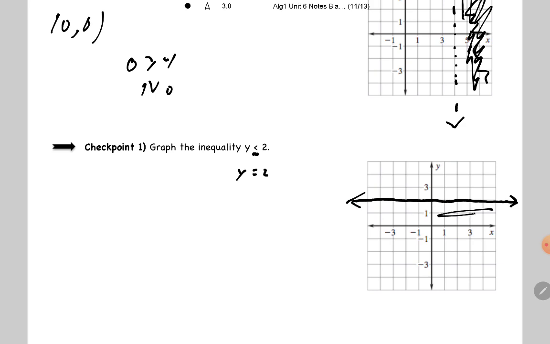And we're going to shade everything below. Once again, I changed the problem. If it was the original problem, the line would just be dashed, but everything would be the same. I just wanted to show you that these lines can be solid too.